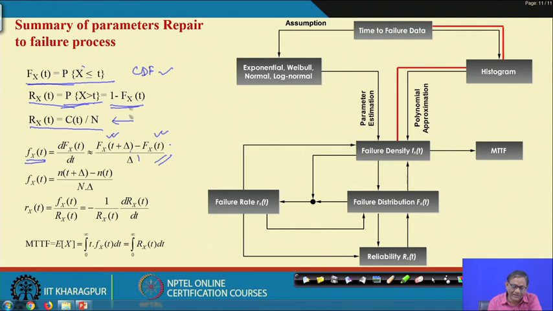If you are conducting experiments, you will have the data available with you. That data is n(t plus delta), the number of units failed at time t plus delta, minus the number of units failed at time t, divided by the total number put under test, and the interval of time for which delta is the unit of time you are considering.